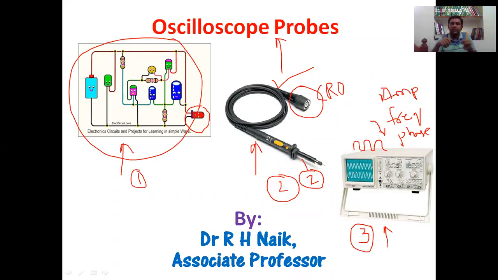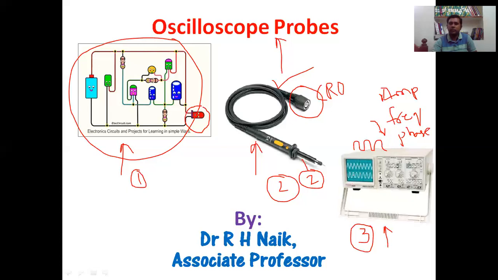So this carries your original signal and gives it to the CRO. Then your CRO simply understands that a signal is coming as input, then the entire components or blocks get activated and they function, and finally the output signal is displayed on the screen.